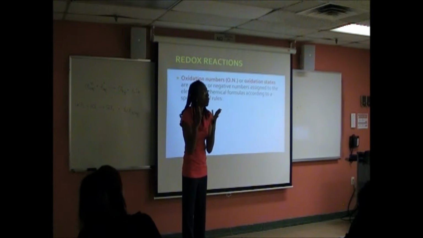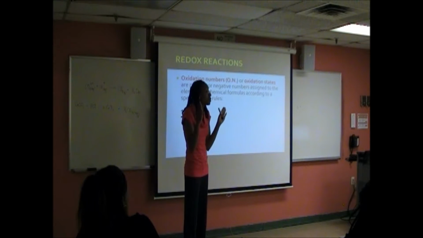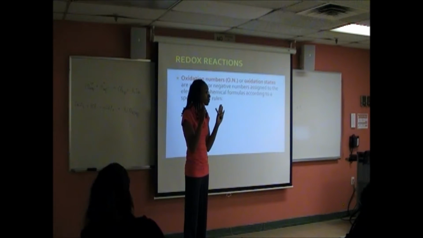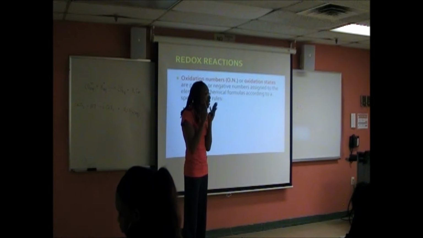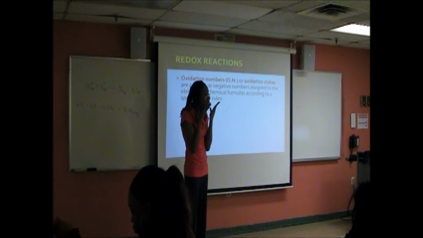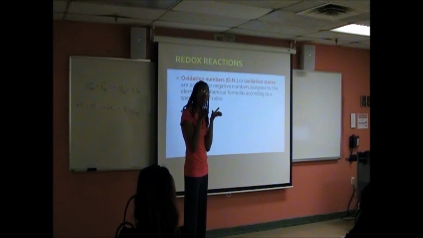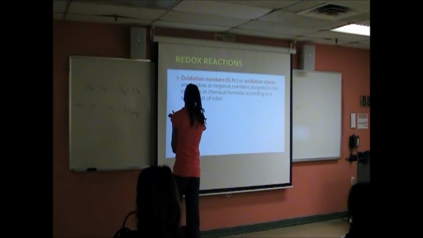I'm just trying to say the range, it can go up to plus or minus 6. But remember, this is not the charge. Sometimes it will be the charge. Okay? Alright.